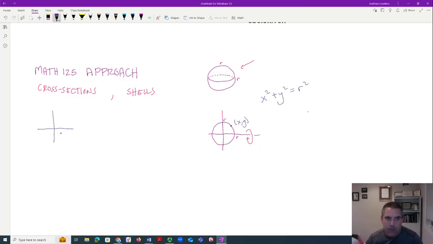So one method comes from what if you want to use x, and another method comes from what if you wanted to use y. And in this scenario, if you're going around the x-axis and you're using x, that's cross sections. And if you're going around the x-axis and you're using y, that's shells. And it boils down to this one piece, labeling how you want to label it.